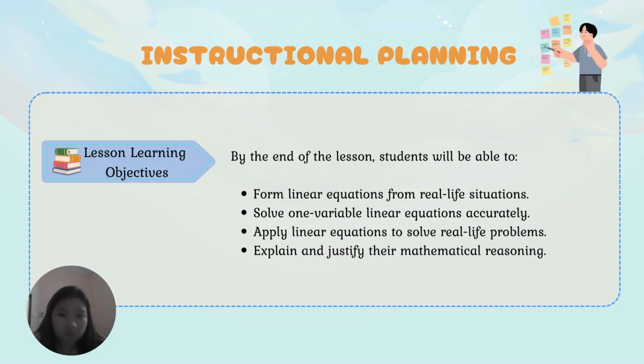Beyond solving the equation, we also want students to apply linear equations to solve real-life problems and explain and justify their mathematical reasoning when discussing their solutions. These objectives are designed not only to develop procedural skills but also to strengthen student conceptual understanding, reasoning, and confidence in learning mathematics.